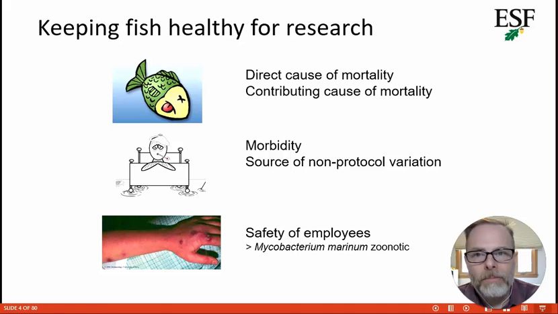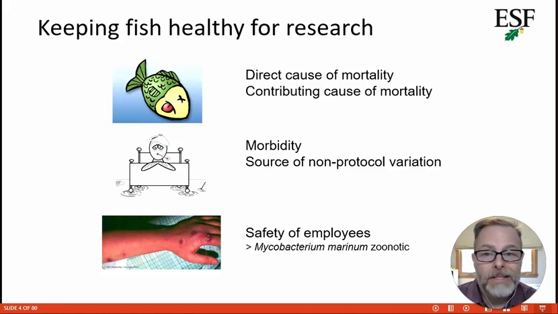So why do we care about any of these health issues? Well, the obvious one would be, if your fish are dying, you can't do your work. Maybe more of a concern even would be the morbidity, this idea that pathogens can act as a source of variation in experiments that you may not be aware of. So you're carrying out your experiment, you don't know your fish are infected with something.